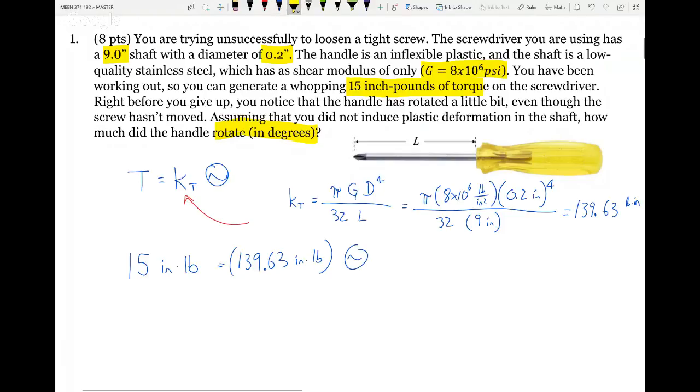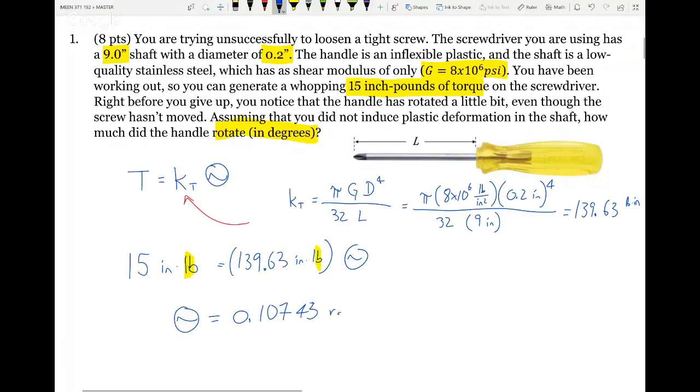Now, yes, there's pounds. I haven't indicated whether these are pound mass or pound force. I don't necessarily need to indicate that because we know that a torsion is inch-pound force. Also here, this is force inches. That's going to be the units for this. So we can solve for our angle of twist: 0.10743.